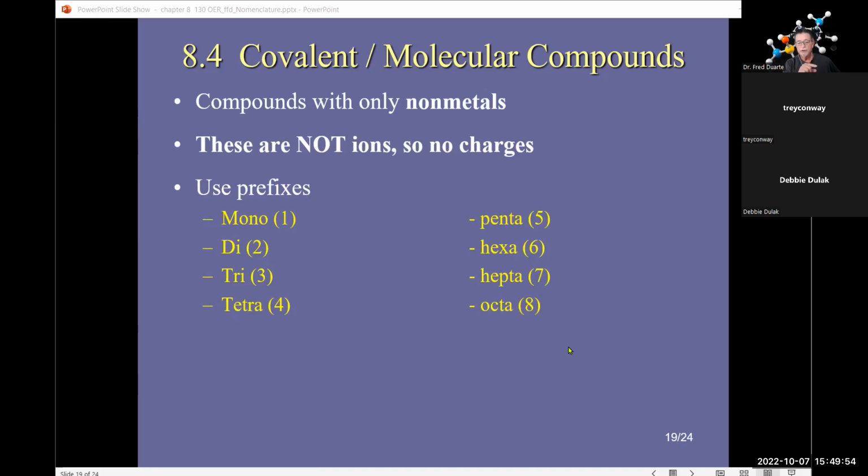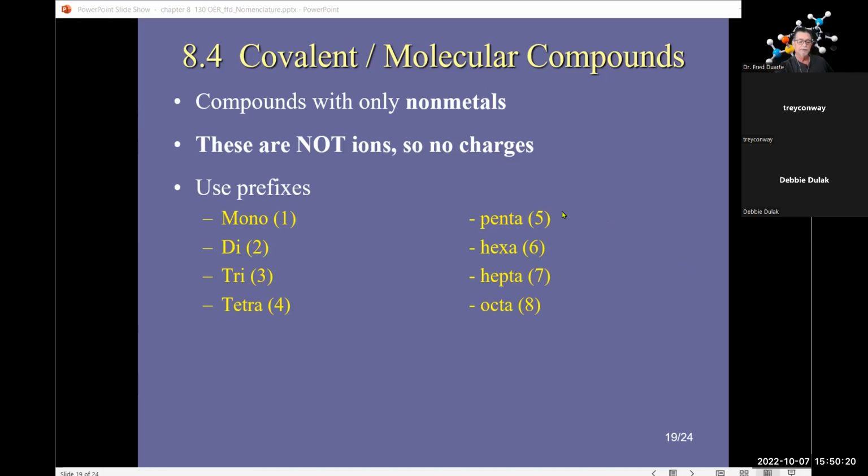One is mono, two is di, tri for 3, tetra for 4, penta for 5, hexa for 6, hepta for 7, octa for 8. Occasionally, not always, it's nona for 9, and deca for 10.